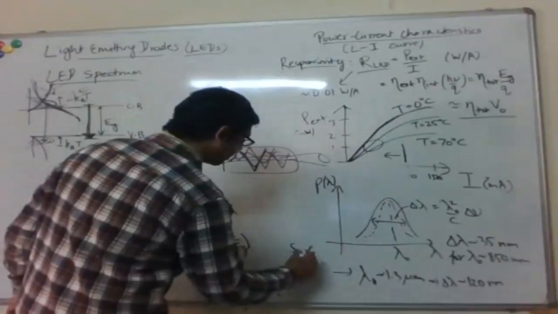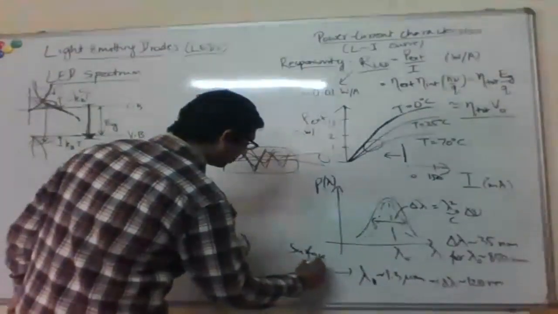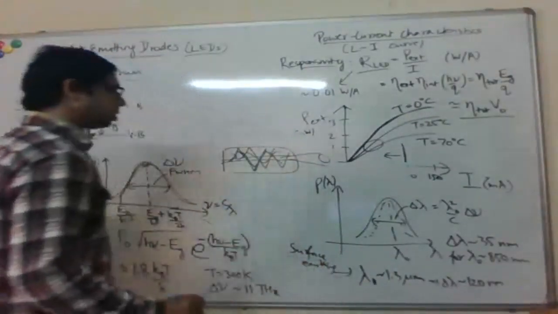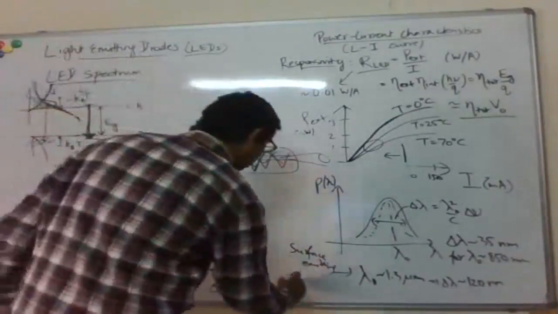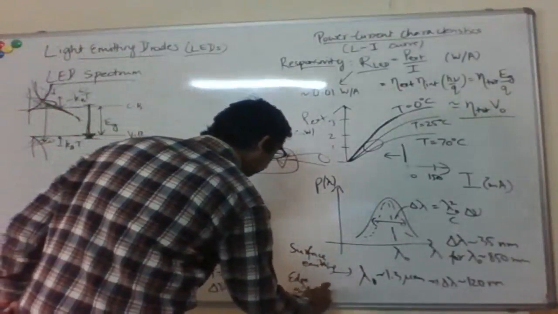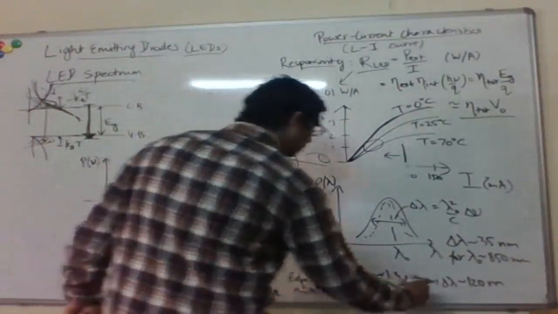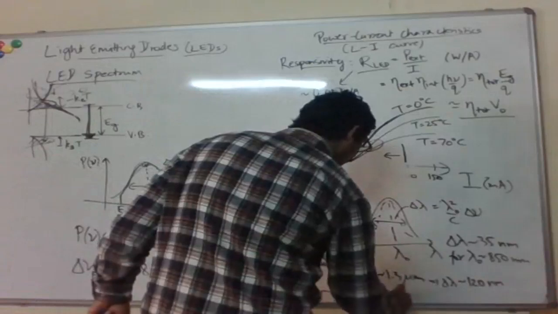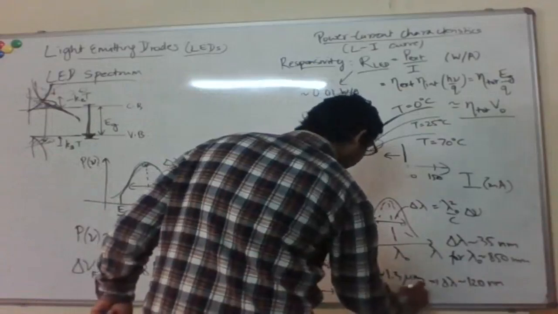So for surface emitting, if that's the number, for edge emitting this delta lambda can be lowered to maybe 75 nanometer.